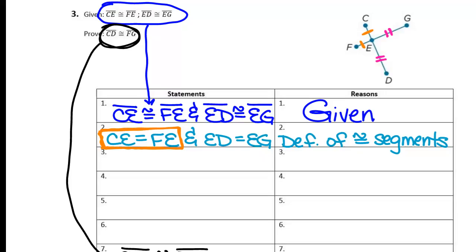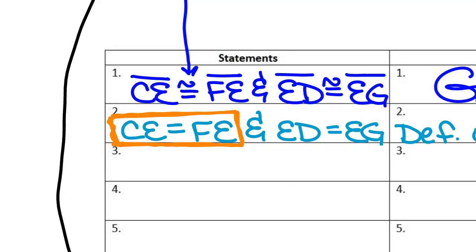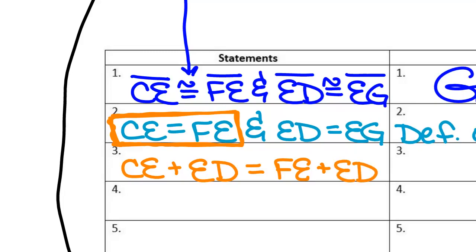So here's CE. I want to put that together with ED. So CE plus ED equals FE plus ED. Notice I added the exact same thing to both sides.